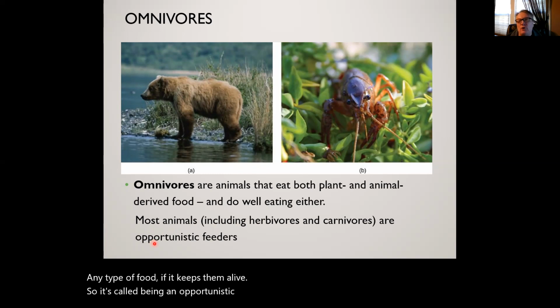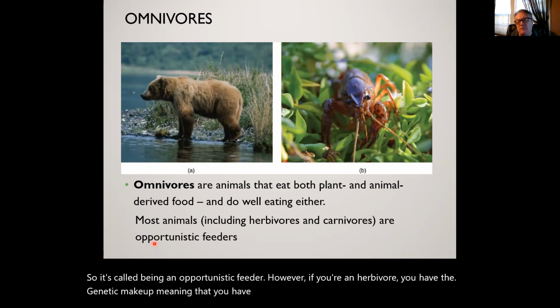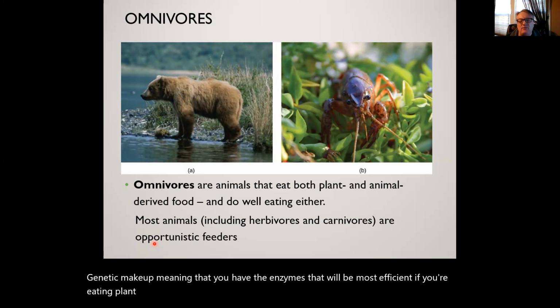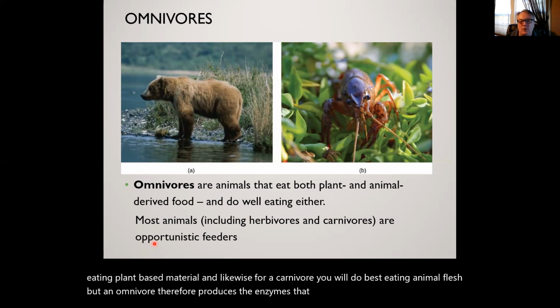However, if you're an herbivore, you have the genetic makeup, meaning that you have the enzymes that will be most efficient if you're eating plant-based material. And likewise for a carnivore, you will do best eating animal flesh. But an omnivore, therefore, produces the enzymes that are necessary for a much wider range of food source.